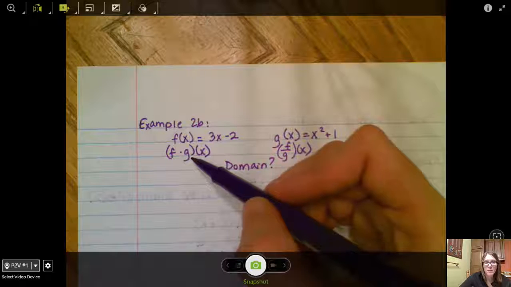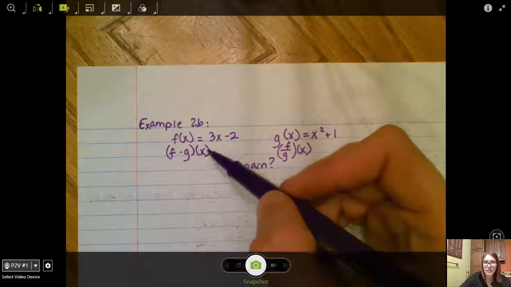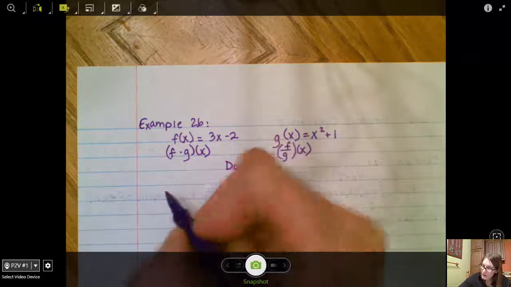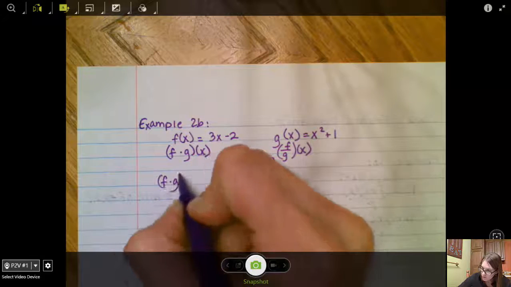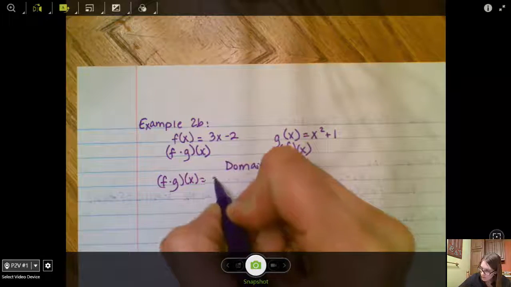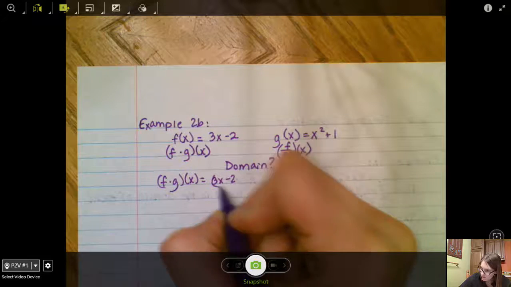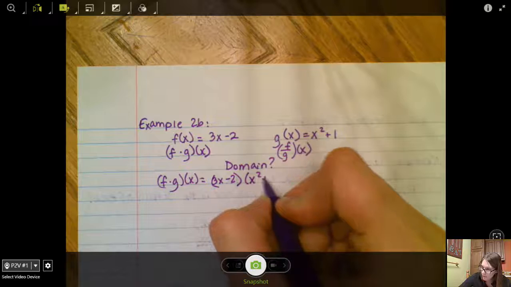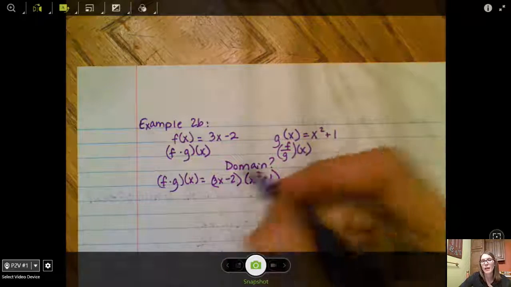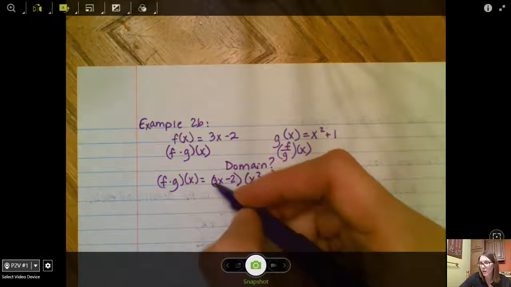For the first one, multiplying f times g of x, take function f, 3x minus 2, times function g, x squared plus 1. I have a binomial times another binomial.